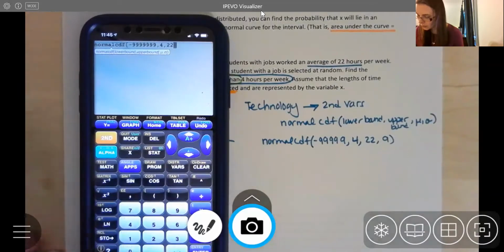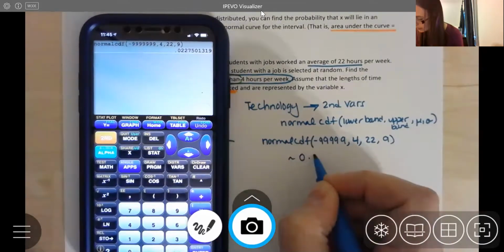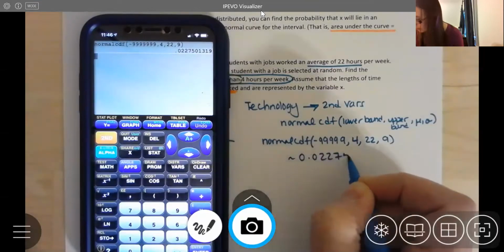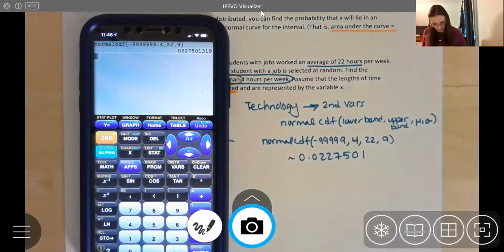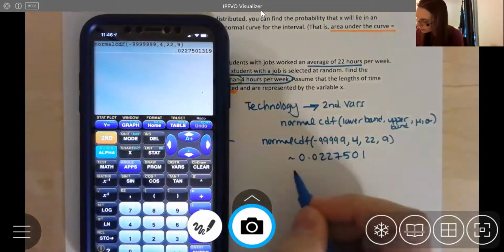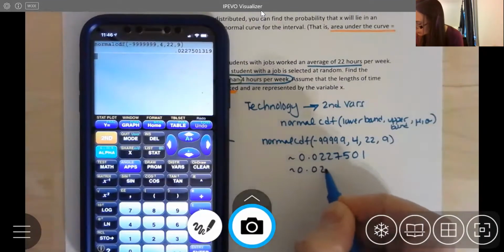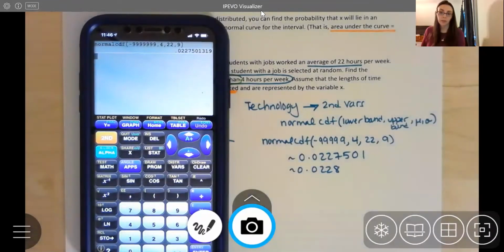My mean is 22. And my standard deviation is 9. And when I hit that, I get about 0.022751. And let's see, your book looks like they use 3 decimal places here. Actually, no, they use 4, excuse me. So we're going to let this be about 0.0228. We're rounding to 4 decimal places.